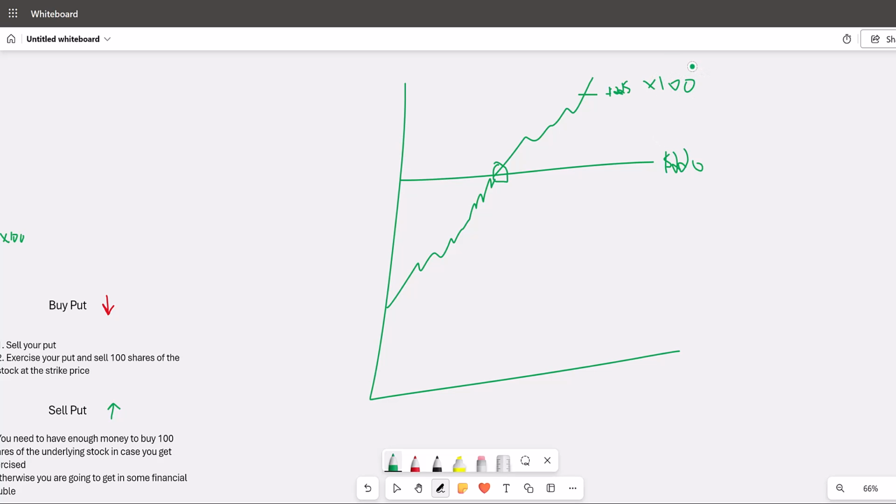Okay, 225 times 100. I can't do that quick math. $22,500. That's how much you have to pay if it goes up and you get exercised. So that's the risk with selling a put. You want it to go up, but you never want it to go past that level because then you could get exercised.